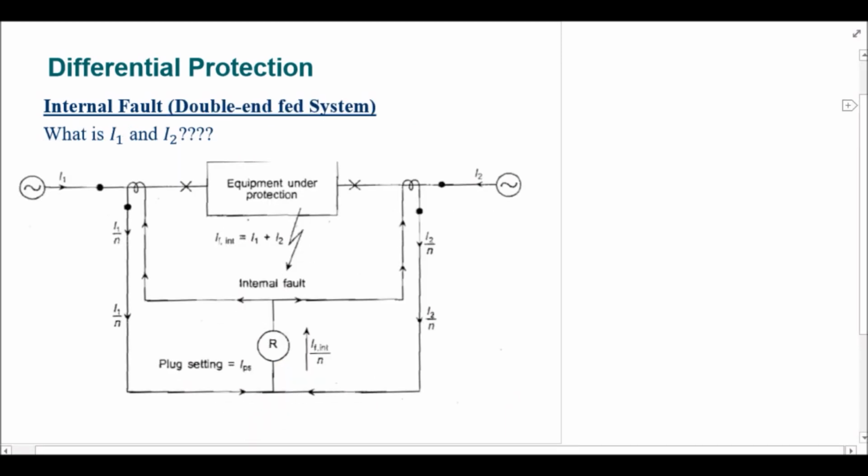Now that is the case when we have only one generator or single fed system, but what if we have a doubly fed system that has a generator at both ends of the equipment? So starting from one side of the equipment, the current I1 is entering this dot, so the current I1 by N should be leaving this dot, that is the secondary of the CT, and at this point we have I1 by N current entering this particular node.